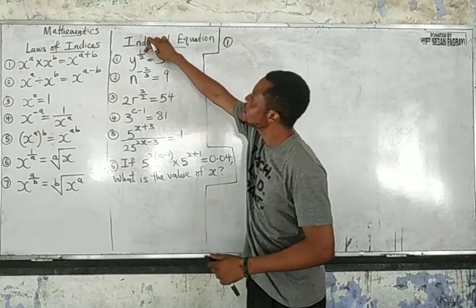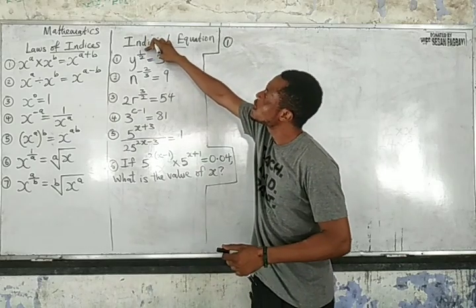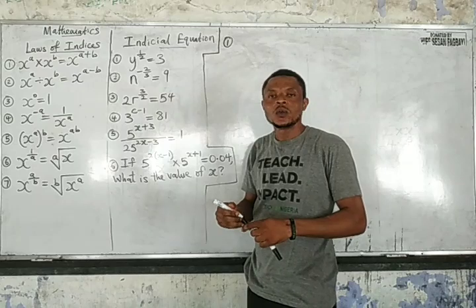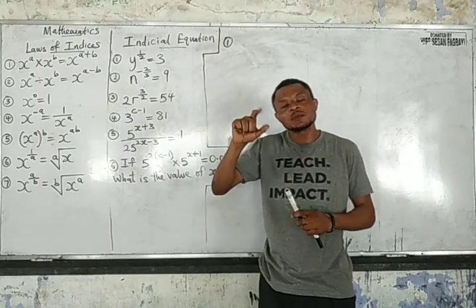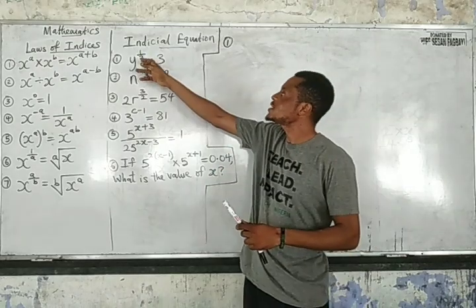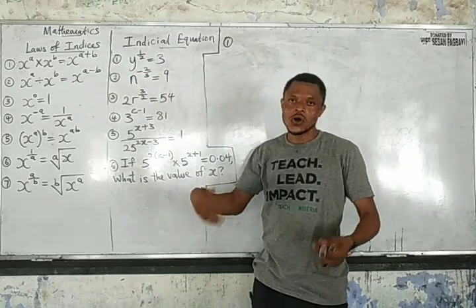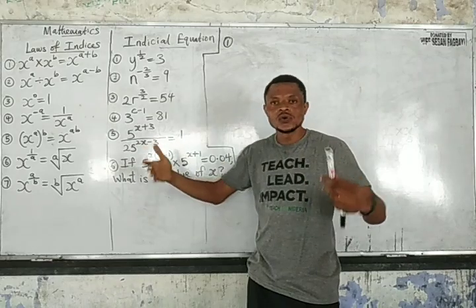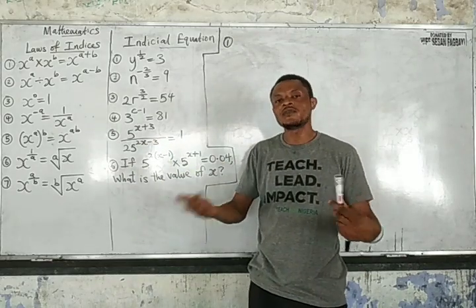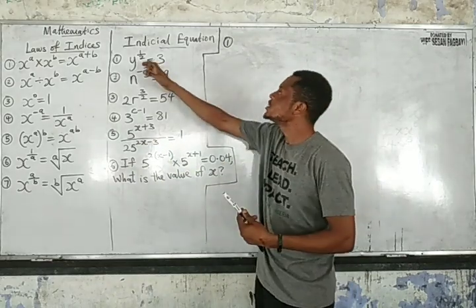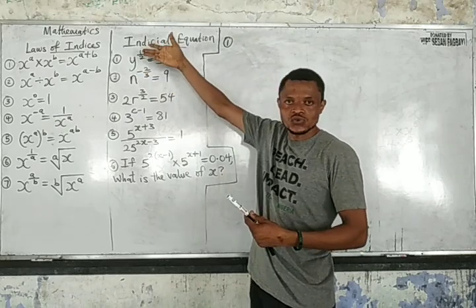In order to eliminate the power 1 over 2, we simply need to multiply the power by the inverse of the power. So the inverse of this power is going to be 2, or we can say 2 over 1, which is still the same thing as 2.